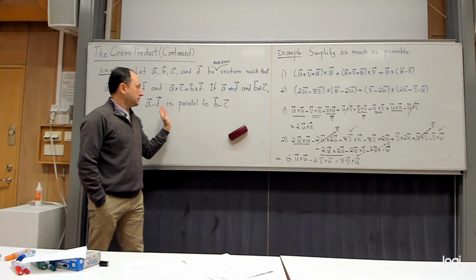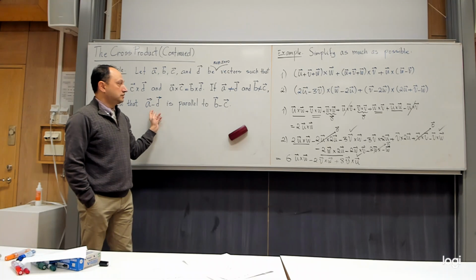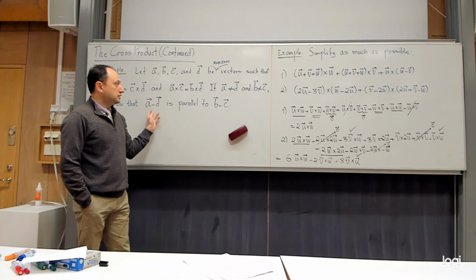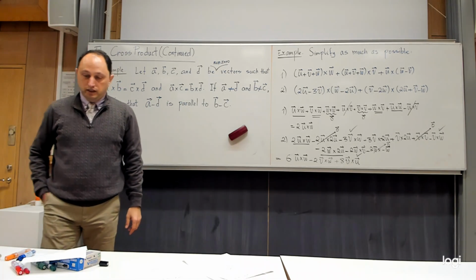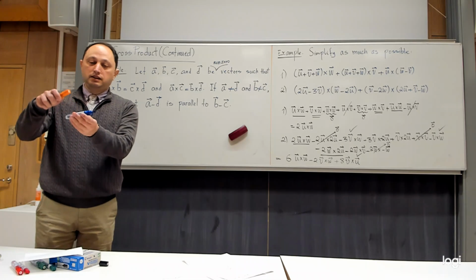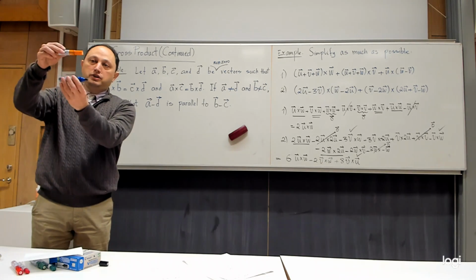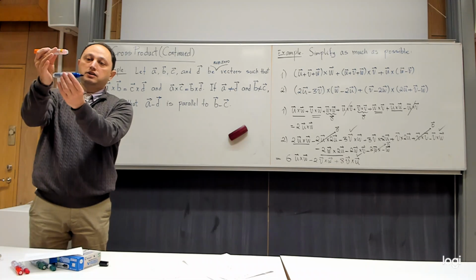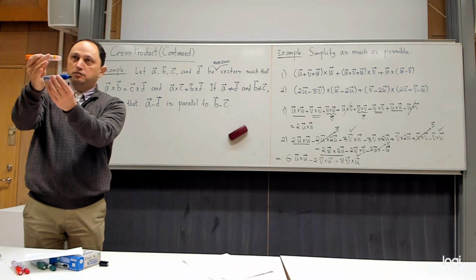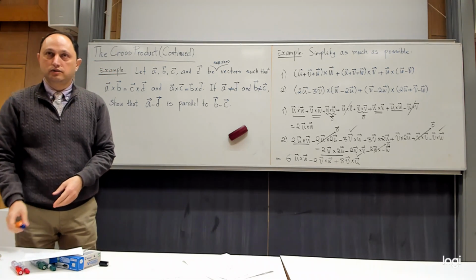So if I show that the cross product between these two vectors is equal to the zero vector, then there is only one possibility, and that is that these two vectors are parallel. By the way, parallel vectors can point in the same direction, where the angle is 0, or in opposite directions, where the angle is 180. But in both cases, the cross product is 0.